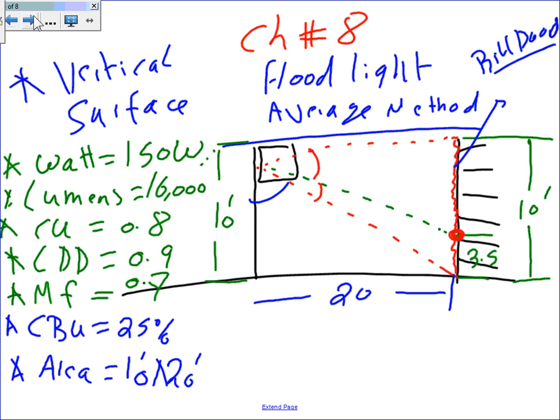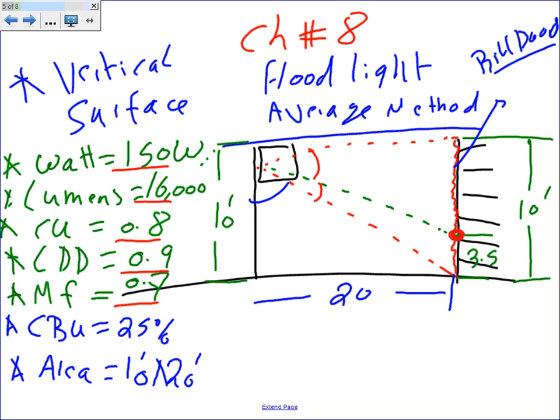Here's the fixture that Chris has picked. He picked 150 watts, say metal halide, and the lumens coming out. This baby is 15,000. Coefficient of utilization is given as 0.8. Dirt is 0.9 because we're clean. Now we're adding a maintenance factor for this fixture.